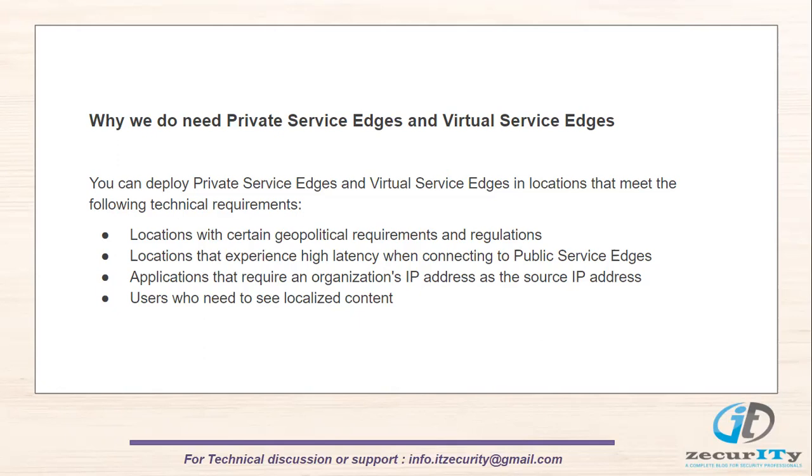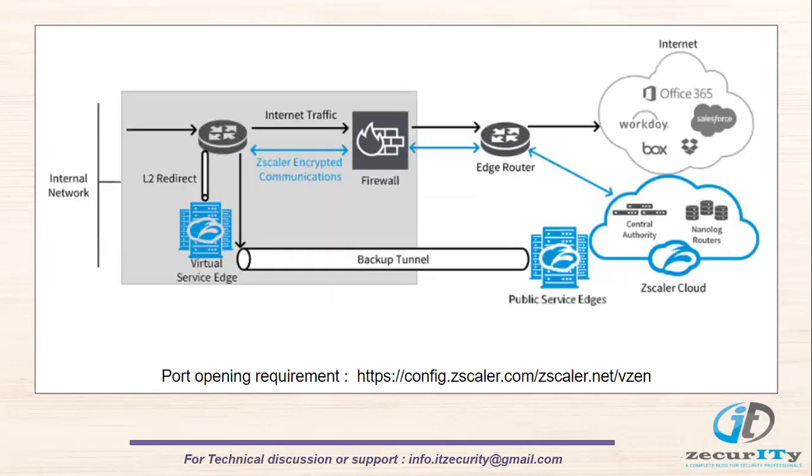So if you want to see the specific location-based content, then you have to choose virtual service edges. Predominantly, if the country doesn't have public service edges, then you will see the localized contents only through the private service edges or virtual service edges.